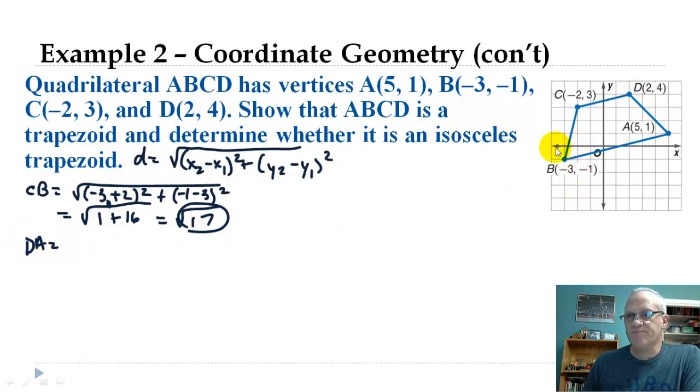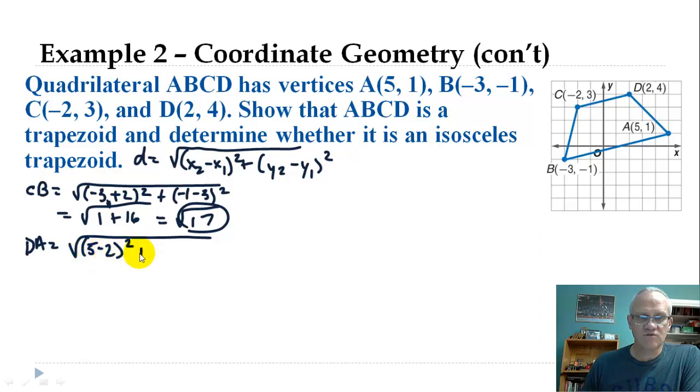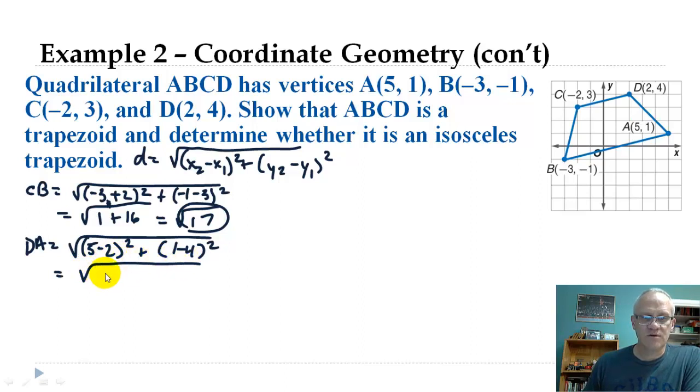All right, so in dA, I'm going to take the square root of 5 minus 2 squared, and then 1 minus 4 squared. And so 5 minus 2 is 3. 3 squared is 9.